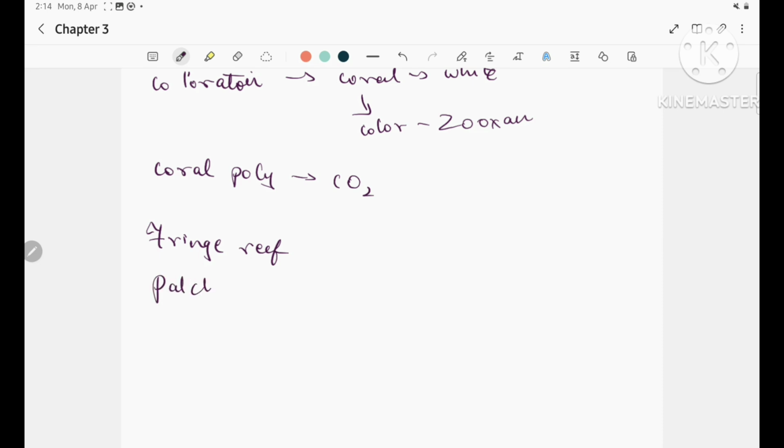There are four types of reefs: fringe reef, patch reef, barrier reef, and atoll. Fringe is most common and continuous with the shore. We see it in the Andamans. Patch is isolated and discontinuous. We see it in the Gulf of Mannar and Kachchh.